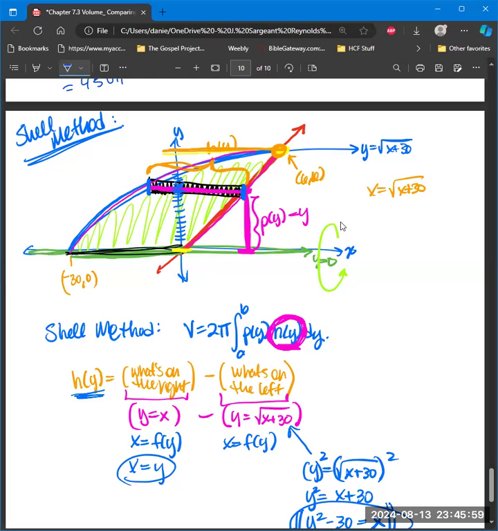So that's going to be y minus, and then this that was y equals root x plus 30, square both sides, x equals y squared minus 30.